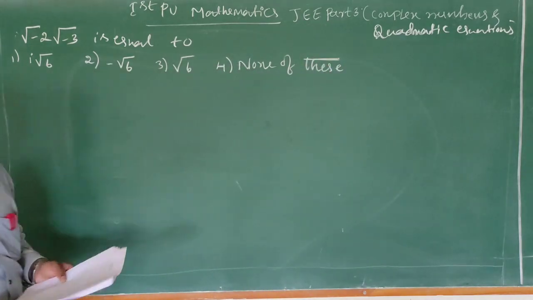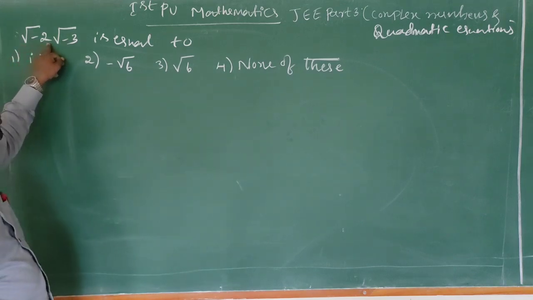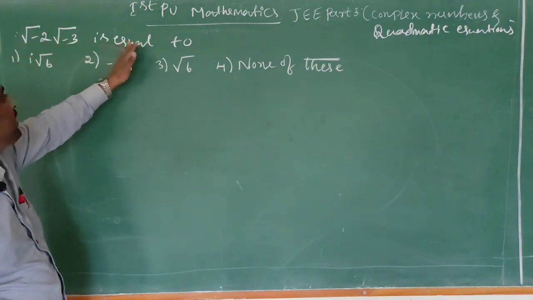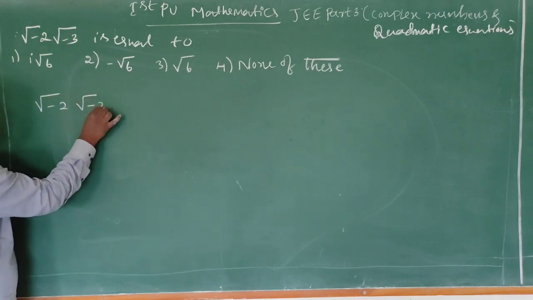This type of question is very important. Square root of minus 2 times square root of minus 3 is equal to, very simple children, root of minus 2 times root of minus 3.